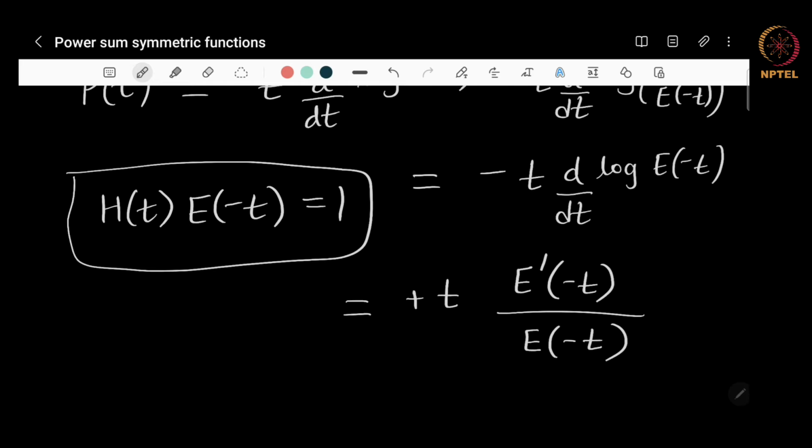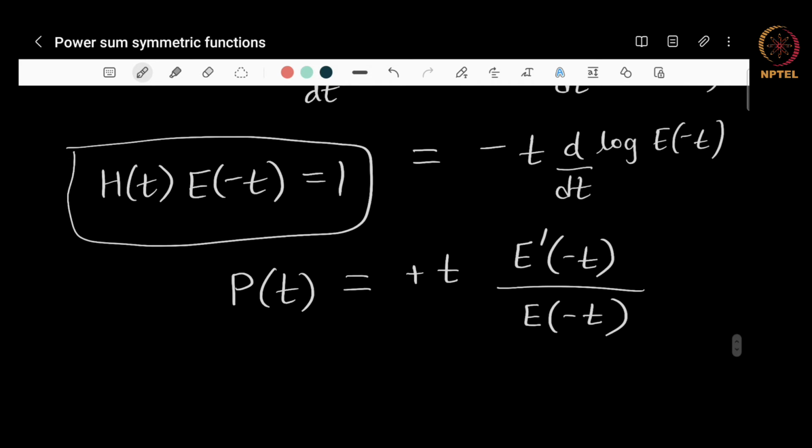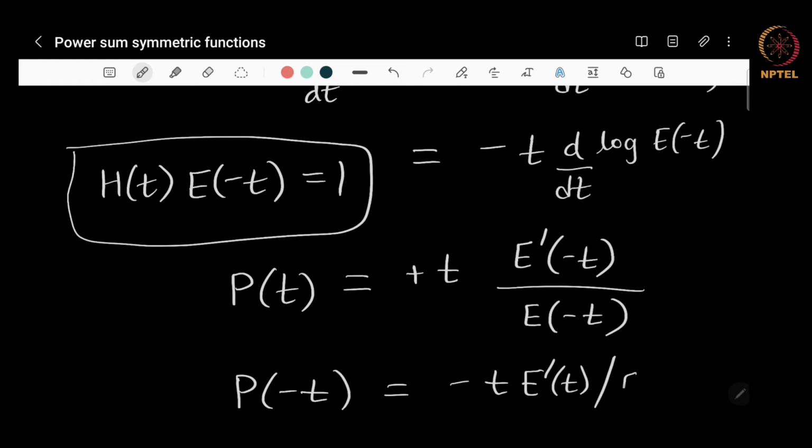So that cancels this and gives me a plus. So that's my final answer. P of t turns out to be t e prime of minus t by e of minus t. An alternative way of writing this with fewer minuses is to replace all t's by minus t. So I get p of minus t on the left side and e prime t divided by e t.